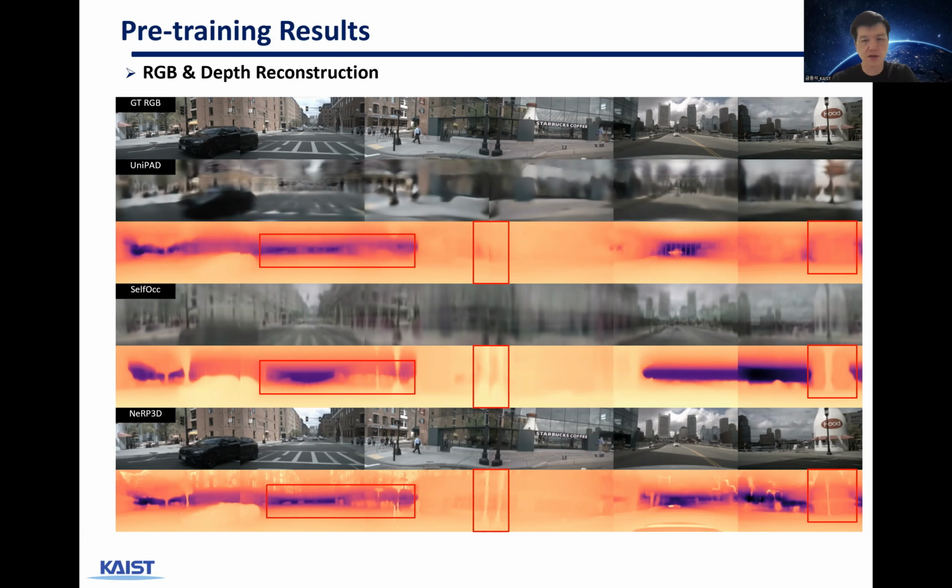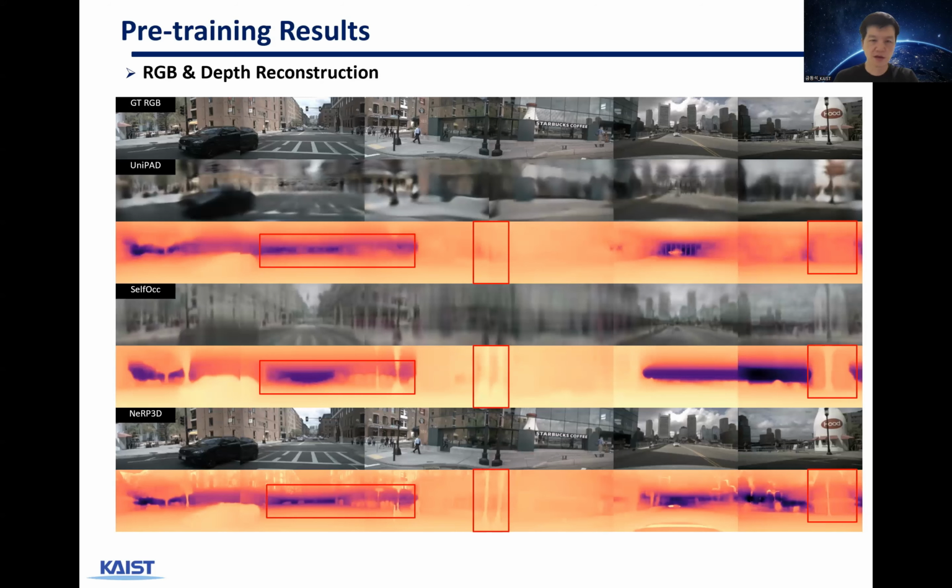We think that's because it's using a voxel discretized feature set, while the NeRF is actually trying to learn the continuous 3D space, but it's discarded.